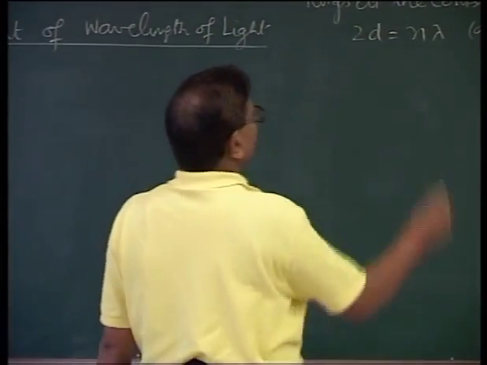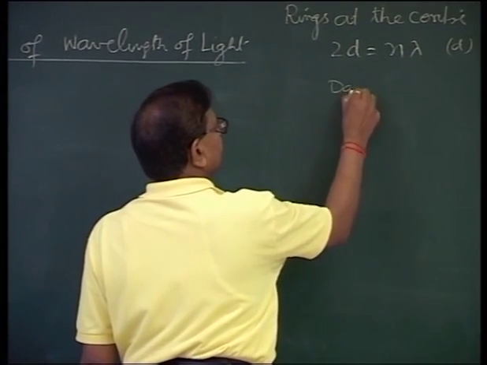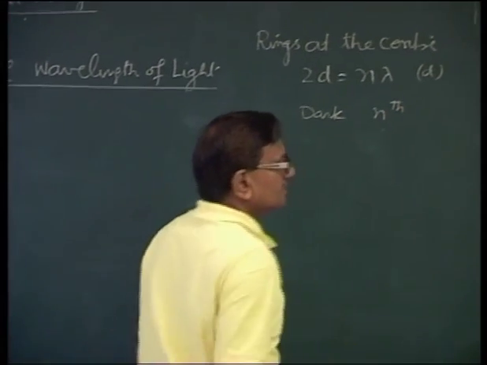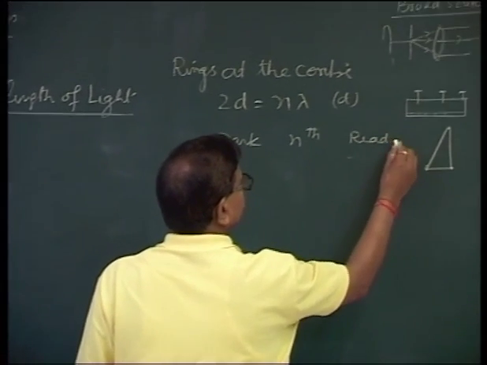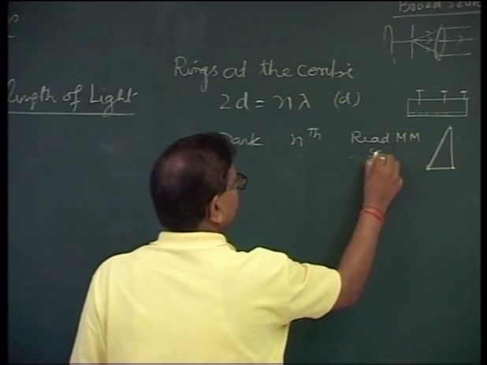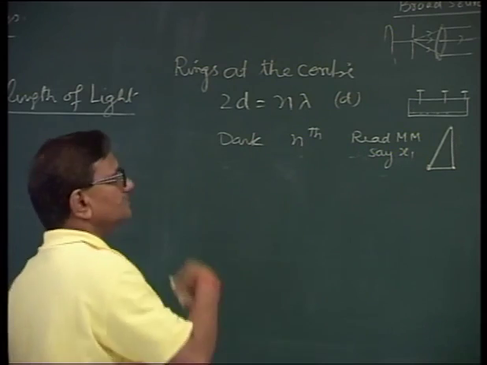So what do we do? We note the position, say, nth darkening at the center, and we read the micrometer screw. Say it is x1. Now it is moved.